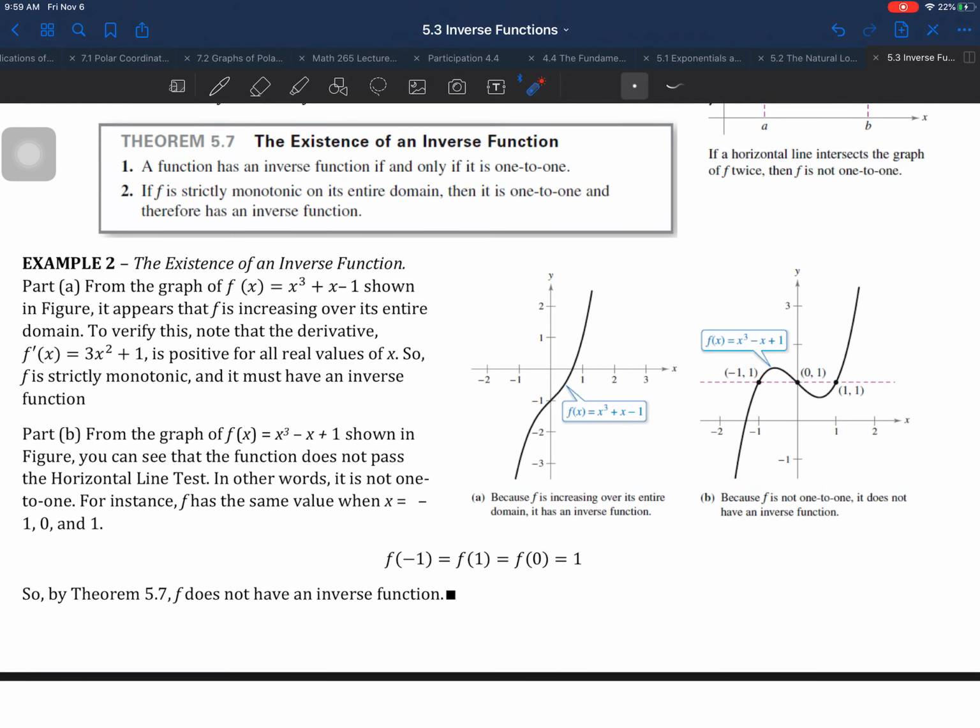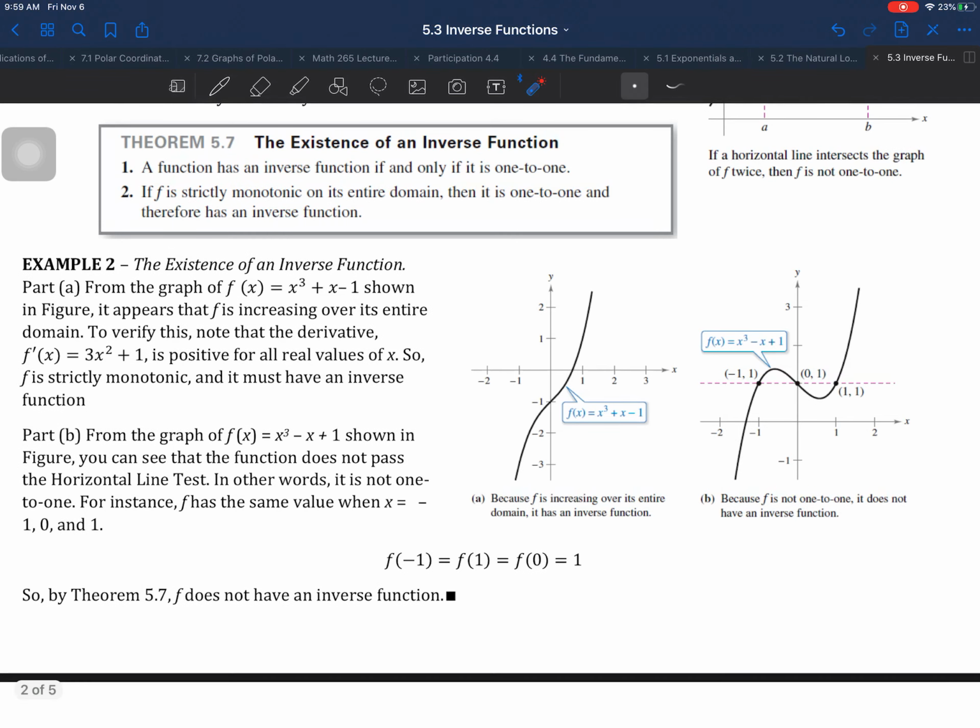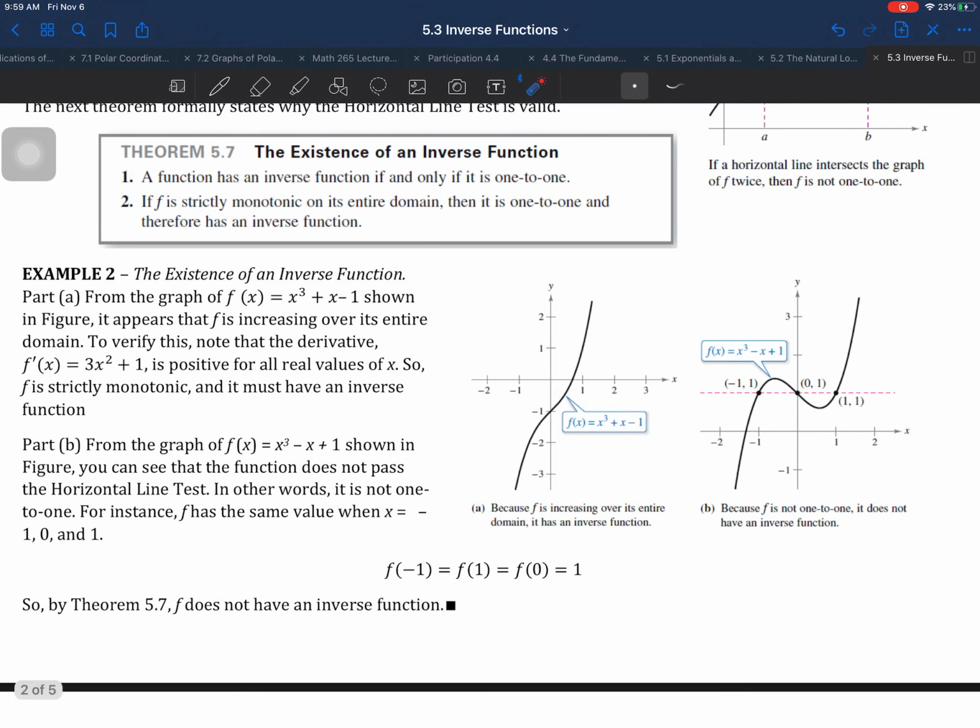Another thing we can talk about in this example is that f is not one-to-one. It does not have an inverse function. So we can say that it is not one-to-one because some of the values are repeating, right? So we'll talk about that one in example B. From the graph given in the figure on the side, you can see the function does not pass the horizontal line test.